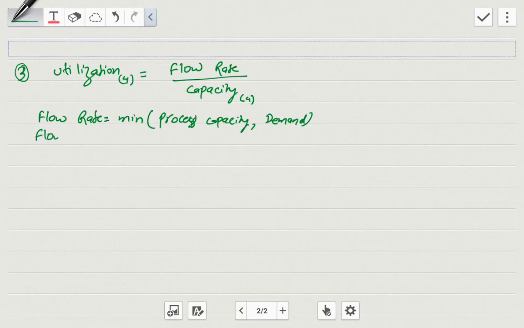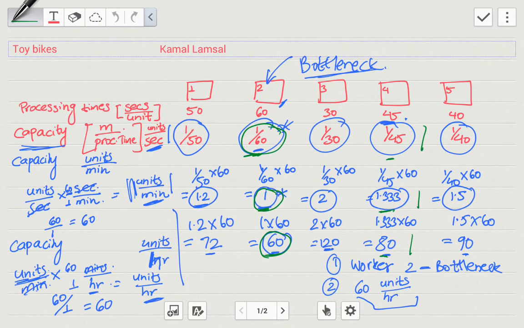That's why flow rate is equal to the process capacity, which we just calculated to be 60 units per hour, or 1 unit per minute, or 1 by 60 units per second. Remember, process capacity is the capacity of the bottleneck.